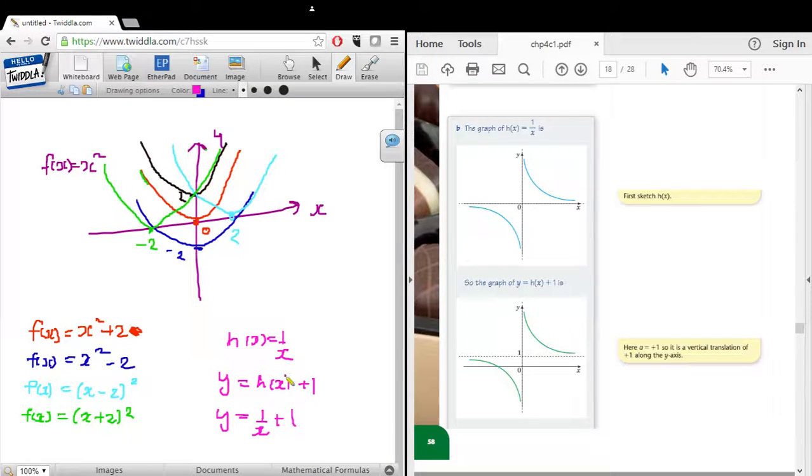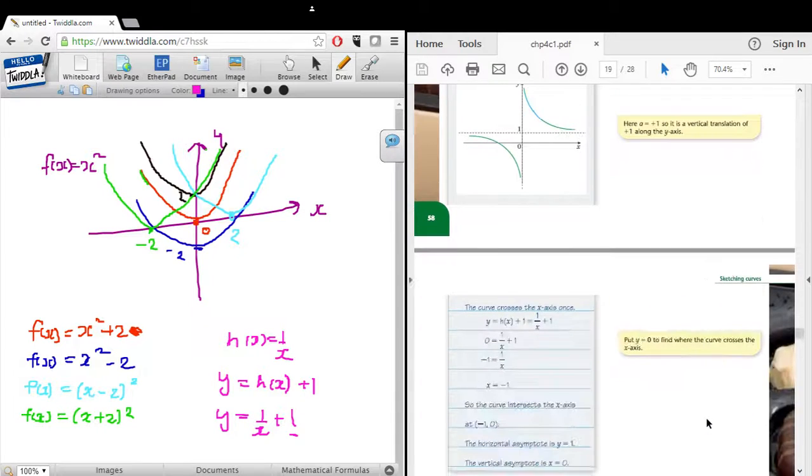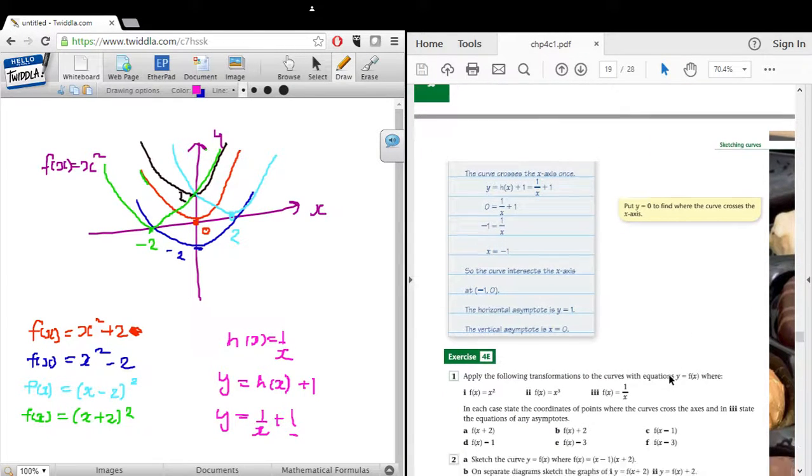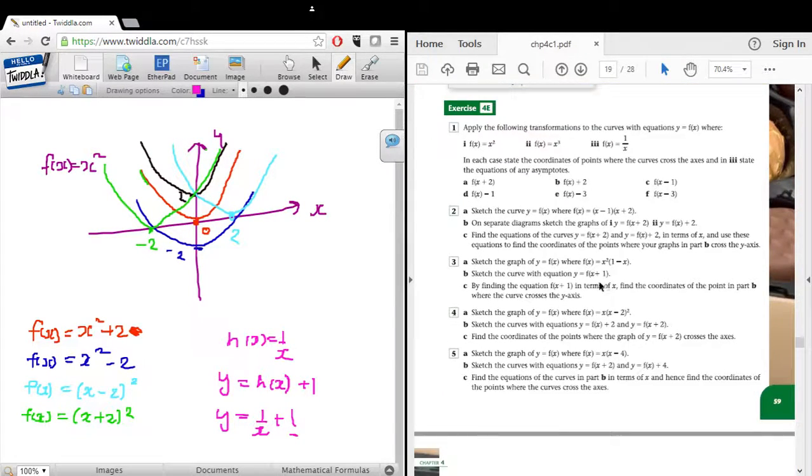Okay, same thing. We have the plus 1, so what does that mean? That it's going to be shifted up. So you can see how they have this 1 dotted here just to show you. Okay, scroll down and here you have some other exercises that you can go through in your own time.